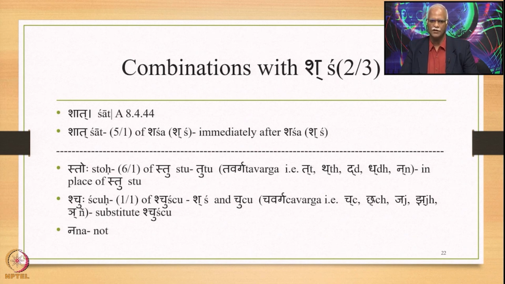Stoh is continued, 6/1 of stu. In this case, just the tavarga is intended. Shchuh is also continued, 1/1 of shchu, and most importantly na also continues from na padantat toranam. Na means not, so this is a negation.